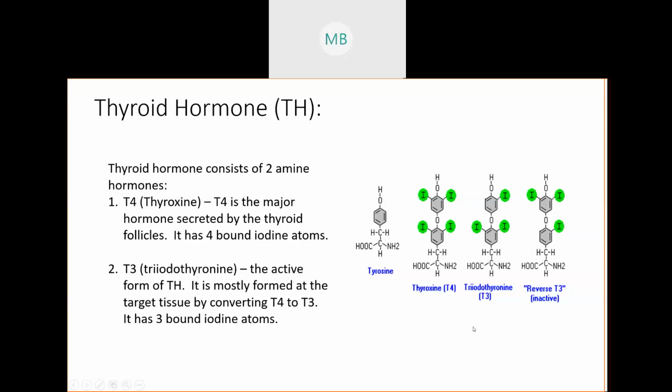Essentially, we can combine, react, and trade around these iodine molecules to create your thyroid hormone and how your thyroid hormone needs to react in your body to control your metabolism. So if you want to think about it in a super simplified form, these proteins are basically trading baseball cards around because some are more active in trade than others and help you be more active in your gameplay.